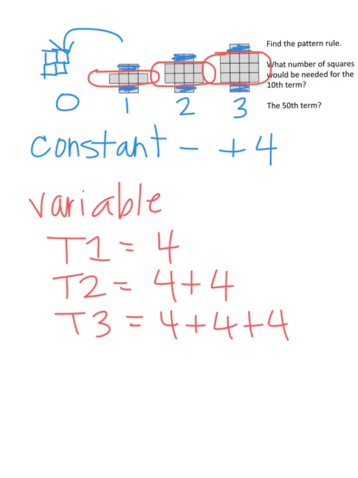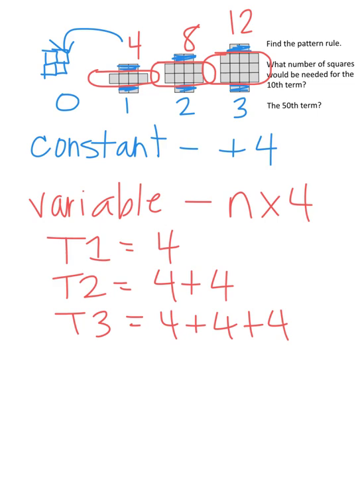So what that tells me is that my variable is going to be term number, or n as we like to call it, times 4, because term 1 times 4 is 4, term 2 times 4 is 8, and we have 8 squares in term 2. Term 3 is 4 times 3 is 12, and we've got 12 squares in term 3, as you can see.